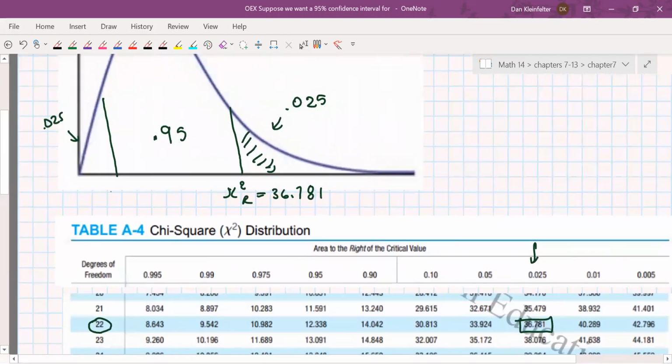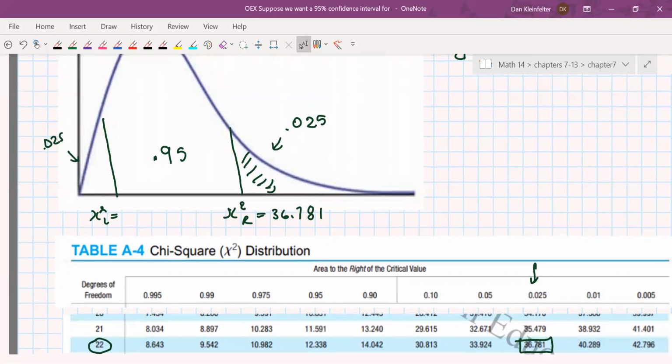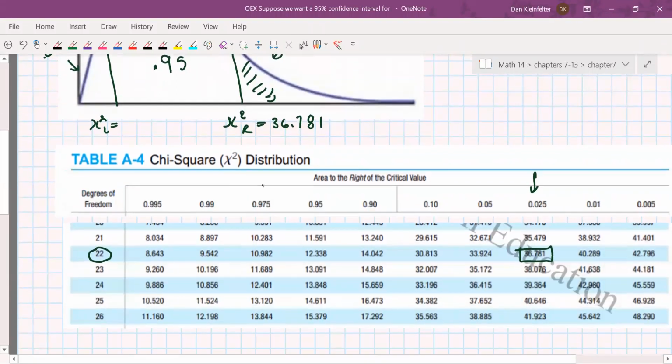For chi-squared left, there's 95% of the data in the middle, 2.5% in the right tail, so it's 97.5% to the right of our critical value. So our critical value here is going to be 10.982.